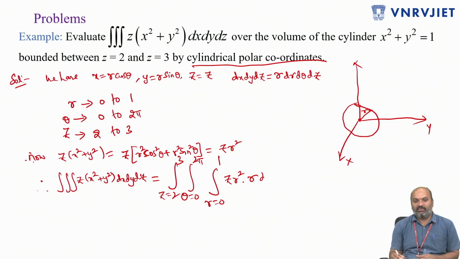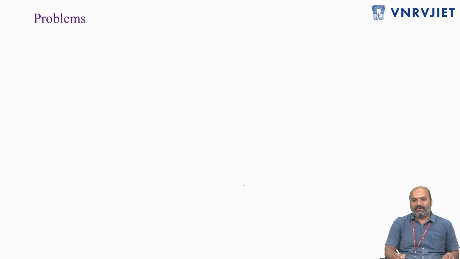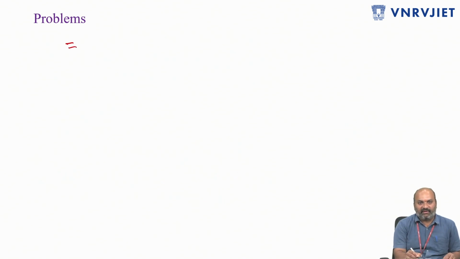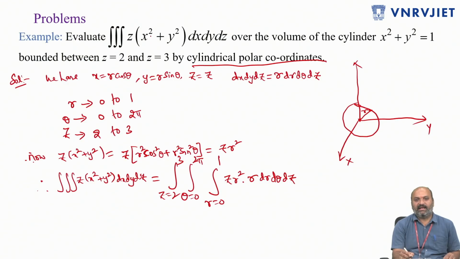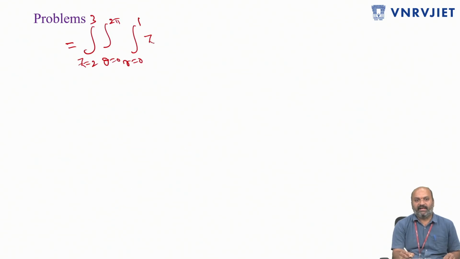It is r into dr into d theta into dz. Now let's evaluate the integral. z into r cube. So evaluating the integral, z varies from 2 to 3, theta from 0 to 2 pi, and r from 0 to 1. The integrand is z r cube, z into r cube dr d theta dz.